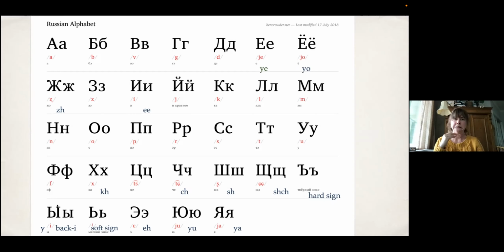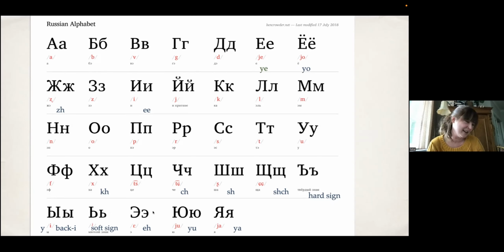Imagine you're saying typically E, and then you draw the air back. So that's how you get this sound. It's not in English, it's not in Finnish, but it's this one. This is an interesting one. It's like back E. Okay.